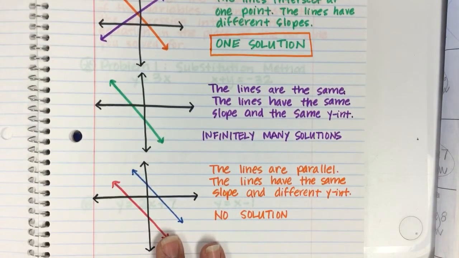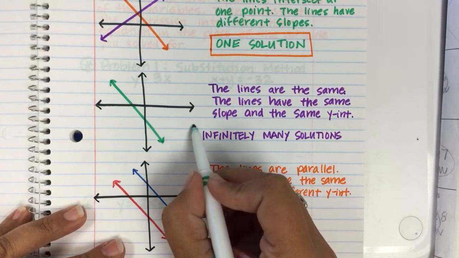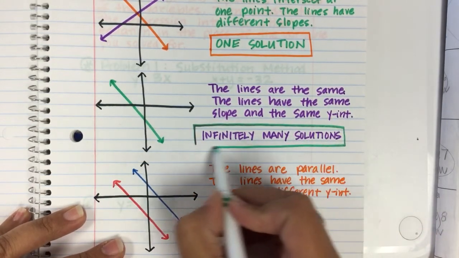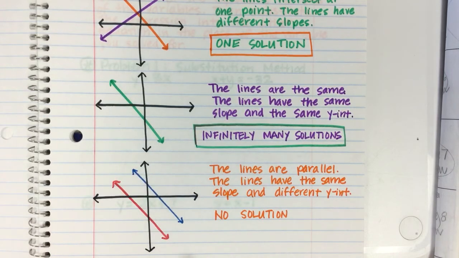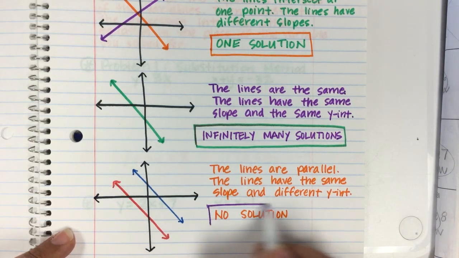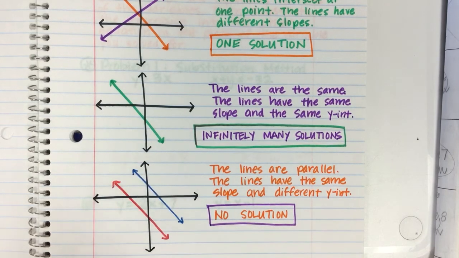If the lines are the same and the lines have the same slope and the same y-intercept, then they're exactly the same, they're lying on top of each other all the way, then that's infinitely many solutions. If the lines are parallel and the lines have the same slope and different y-intercept, that's no solution. Okay, they never cross, so there's no point of intersection.